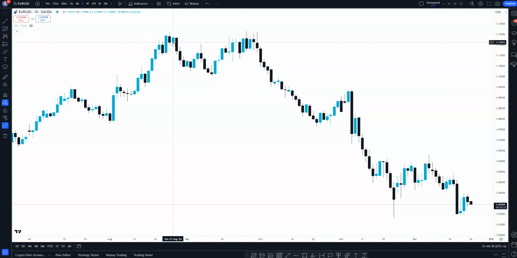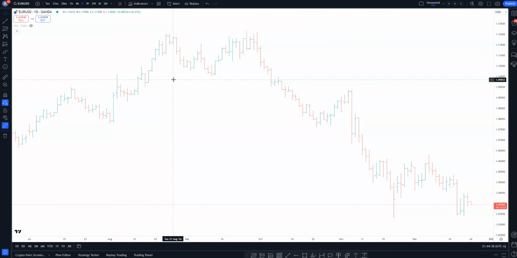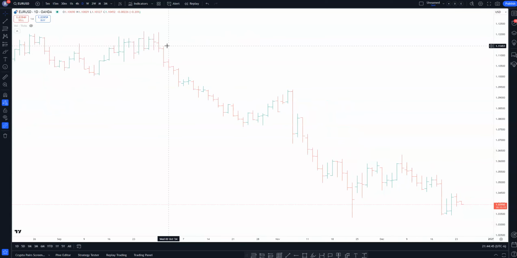We'll briefly touch also on bar charts. So this is a candlestick chart, but there are also bar charts. It's not as commonly used anymore, but it used to be common. So we have a down bar. The left side will always be the opening price. The right side will always be the closing price.